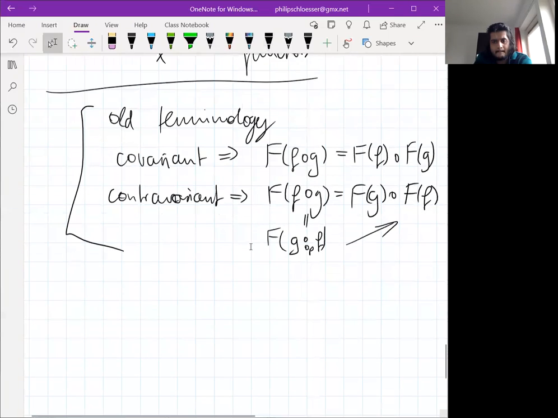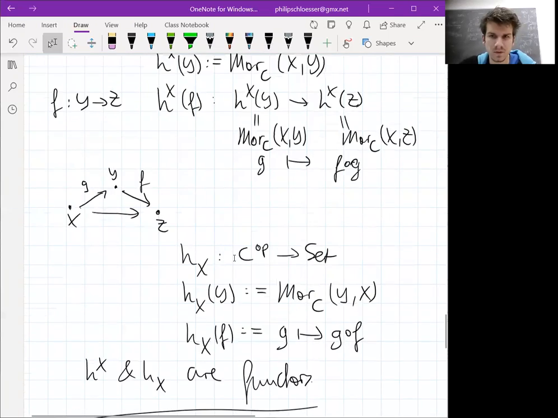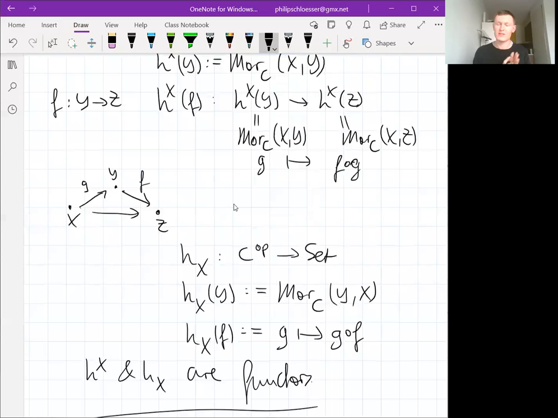Okay, question. Could we go back to the hom functor real quick and see what it precisely does? So I see that it maps G to F after G. Is that the essence of the object, or not the object, but the thing? Yes.